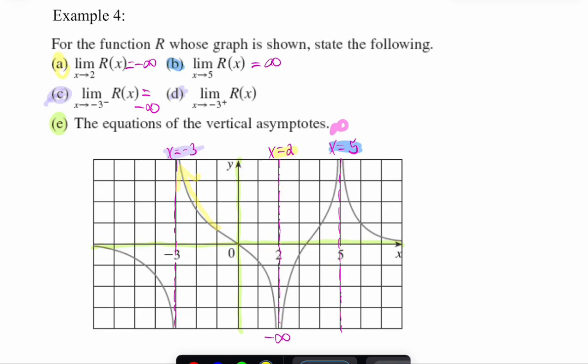What height are we going to there? Positive infinity. So the limit as we approach -3 does not exist. The left side we can answer, the right side we can answer, but at that actual value of -3, we don't have a match. And they always have to match for the limit to exist.